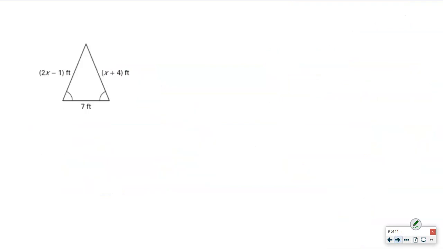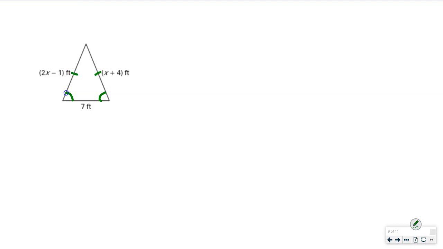All right, we've got one last example. We can see that we have two angles congruent. So that tells me that two sides are going to be congruent. And to pick out which sides, our 7-foot side here on the bottom is in between those two angles, so it is not one of the two sides.